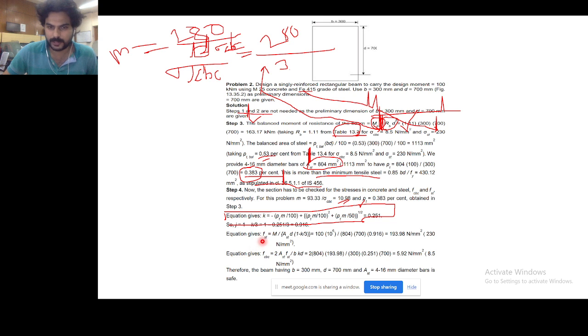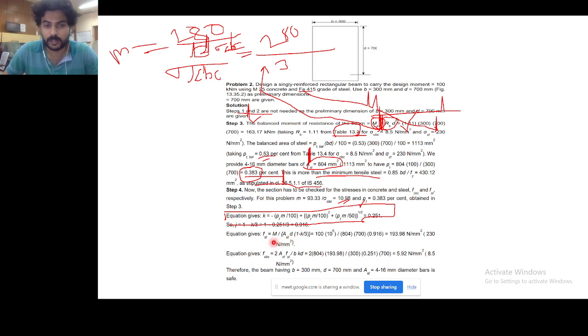So this is the force in the steel, which is coming as 193.98, which is less than whatever is permissible. What is permissible? 230. This is coming from the IS code, table number 13.4. So it is less than that, then it is safe.